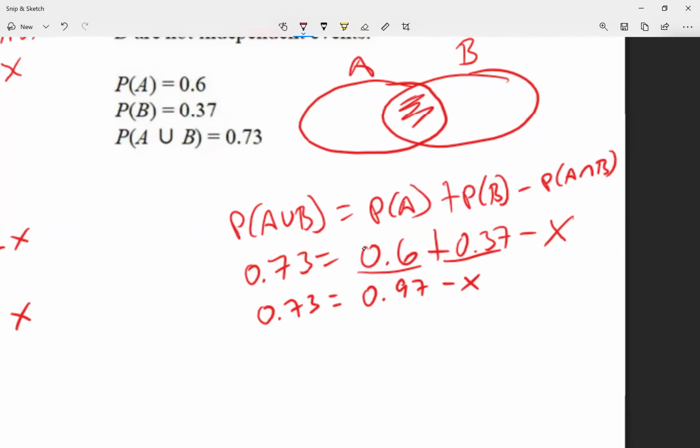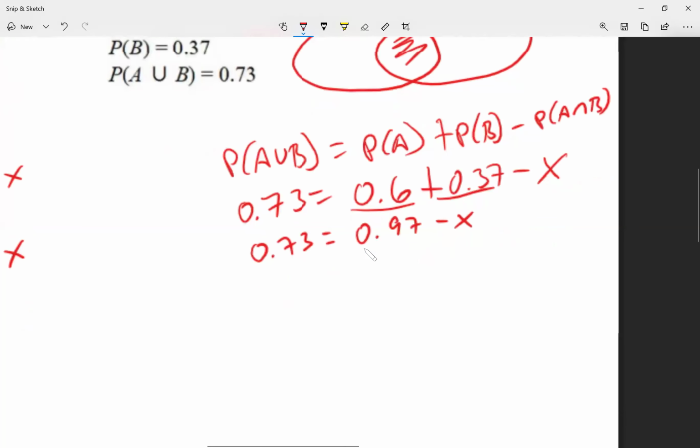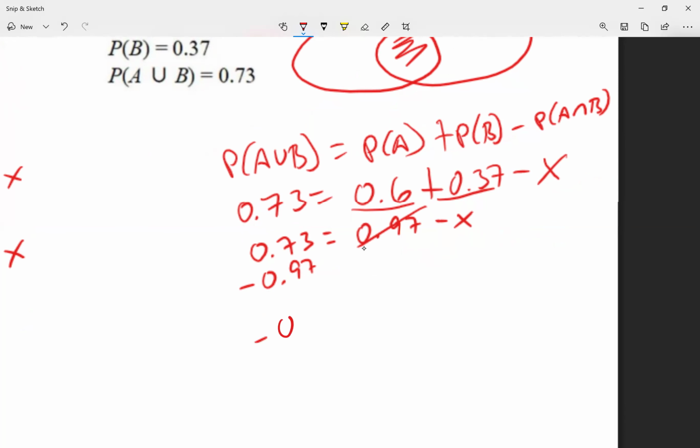So 0.97 minus x. This 0.97, let me bring it over as a minus 0.97. So let's see, 0.73 minus 0.97, that gives me a negative 0.24.